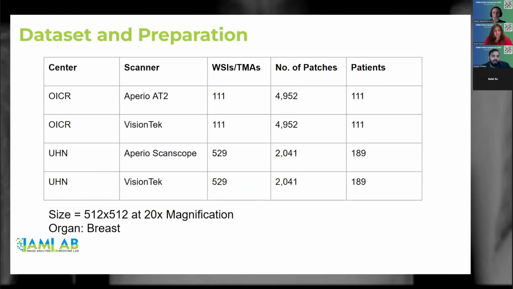We have 111 slides, and we extracted 4,952 patches at 20x magnification with a patch size of 512 by 512. Similarly, the UHN data was scanned with their in-house scanner, Aperio ScanScope, and then we rescanned it with our in-house Vision Tech Sakura scanner. The patches were extracted at the same spatial location after image registration.